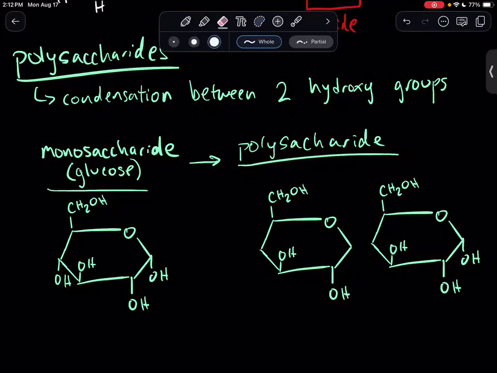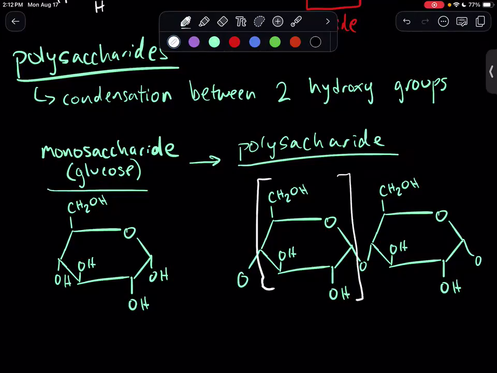the ends off. So when we draw our polysaccharide, we have two OHs, and we only need two hydrogens and one oxygen. So we actually have one oxygen remaining on either side. And we're going to cut it off kind of in the middle of that bond, as we normally do.